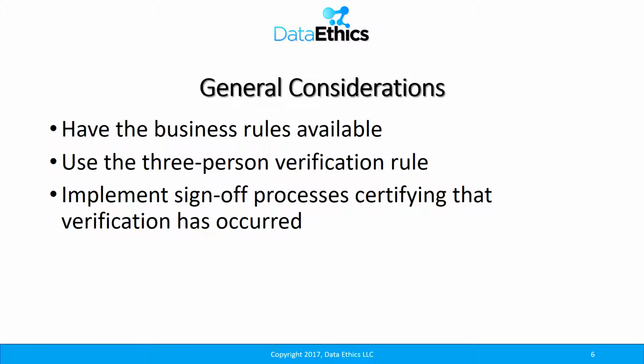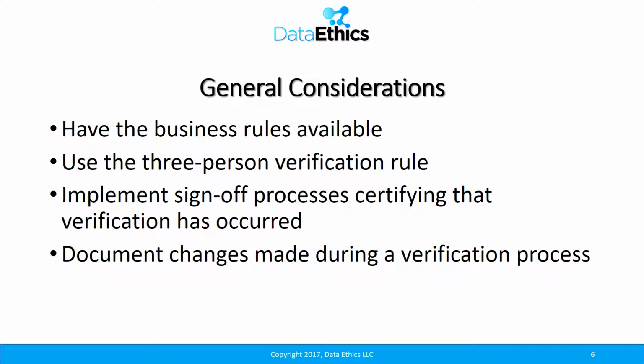Implement a sign-off process. It would be great to have the 3 individuals who verified sign off. Additionally, at the building level, when a school is certifying that their information is correct, the principal would be signing off, indicating an official authorization that the data is correct or needs to be changed in certain ways.